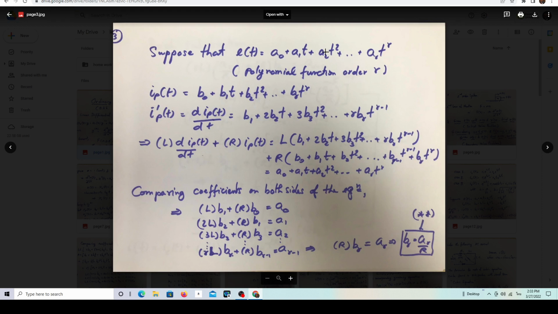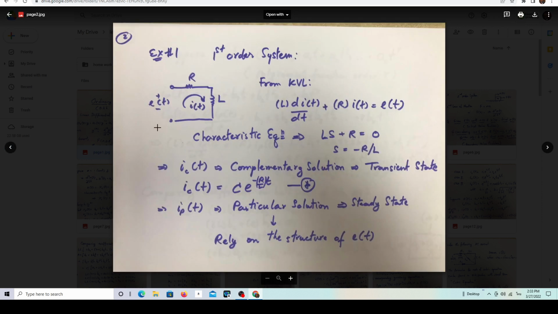You have the same domain t, but the parameters a sub 0, a sub 1 are for E(t), E as a function of t. I_p, as a function of t, doesn't need to have a sub 0, a sub 1, a sub 2, up to a sub r, just like E(t), because in the physical system, E(t) is a voltage and I(t) is a current.